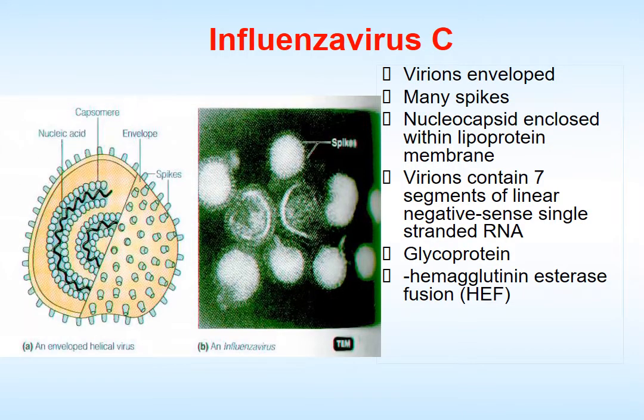Influenza C virus type has enveloped virions with many spikes, but there is a difference: type C contains 7 segments of minus RNA. You can also see a slightly different biochemical structure of the spike, a hemagglutinin-esterase fusion type of protein.